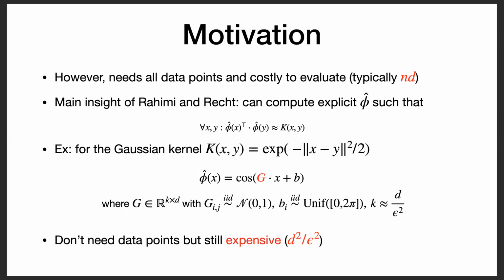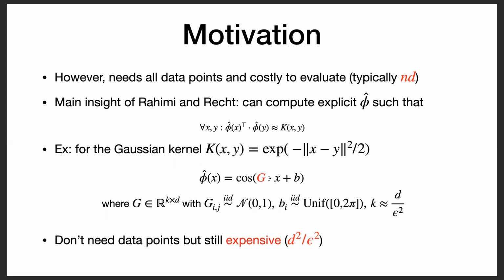For the popular Gaussian kernel, which will be the focus of this talk, the mapping is defined as follows. You generate a Gaussian matrix G with roughly d over epsilon squared rows and d columns, and each entry is generated as an IID standard Gaussian random variable.